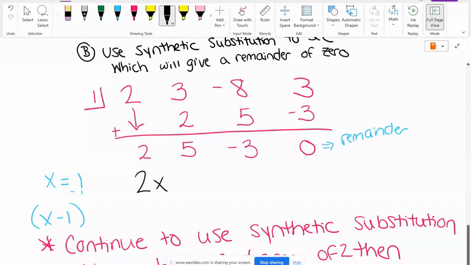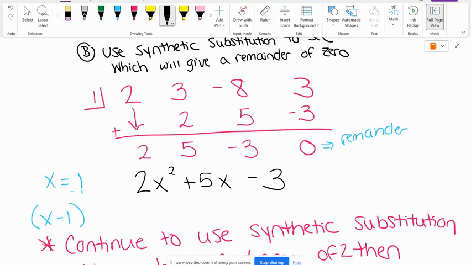So this is going to be 2x squared plus 5x minus 3. Are we down to a degree of 2? Yeah, our biggest exponent is 2, right? So I wouldn't waste your time by doing more guess and check. Now I would take this and I would either factor it if we can or use the quadratic formula.